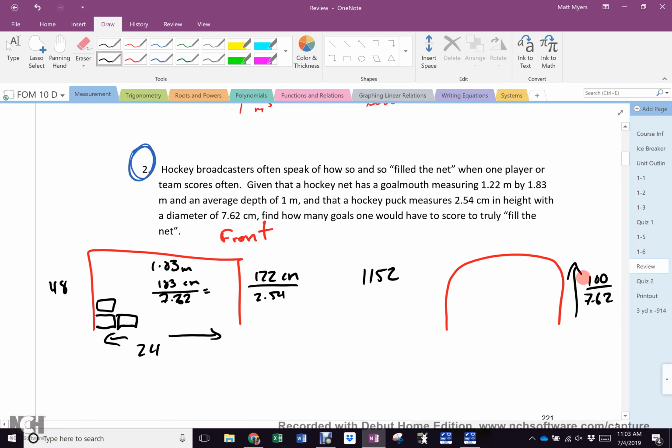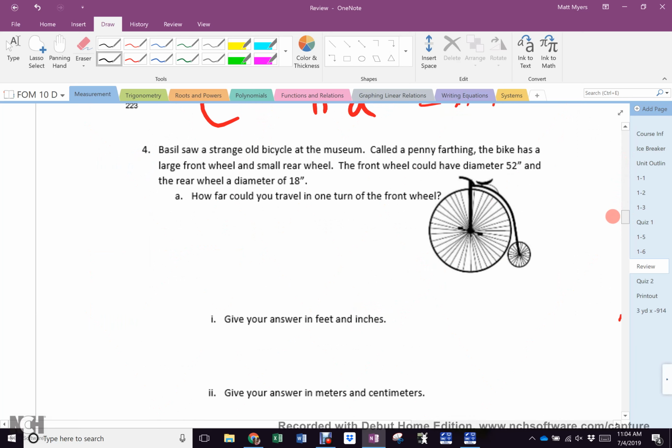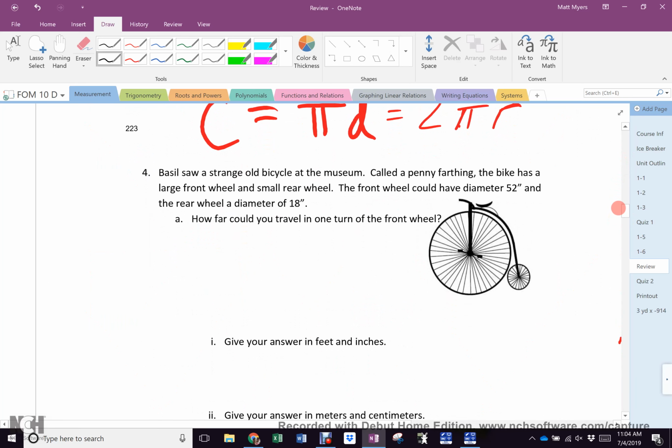So I can fit 13 pucks going backwards. So in the front, there's 1,152 pucks, but I can go back 13 rows. So I got to multiply that by 13 to get 14,976. Everybody understand? It's a mixture of surface area and volume. We're skipping the soup question and we get to the bike question.